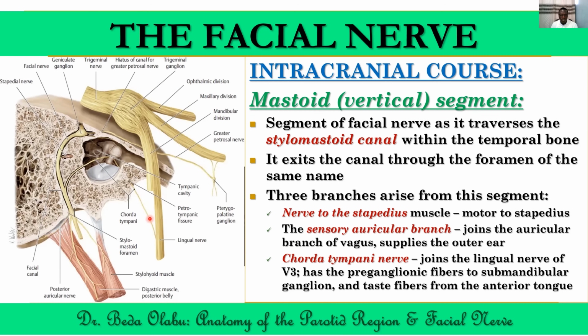Two of them. It has the preganglionic parasympathetic fibers, which go to synapse in the submandibular ganglion. From the submandibular ganglion, the postganglionic fibers go to supply the sublingual, submandibular, and the lingual salivary glands.